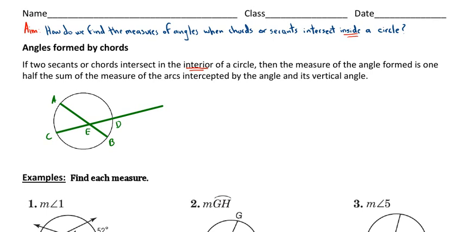It says that the measure of the angle, we're actually talking about this angle or that angle. Since they are the same measure because they are vertical, we are referring to it as the angle, but it could be any of them.